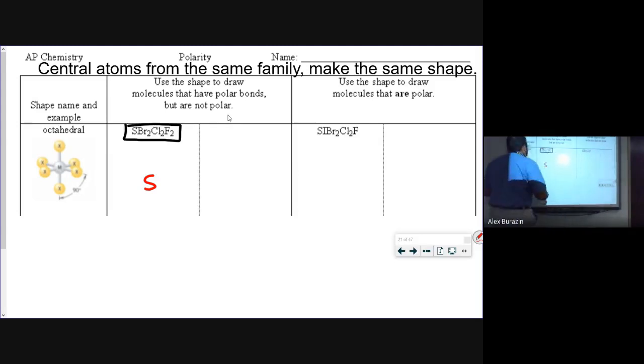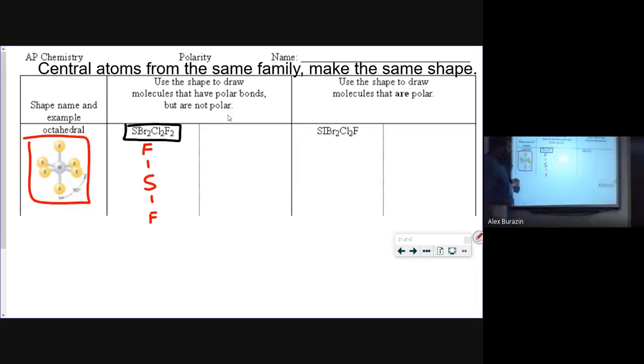Okay, so I'm going to put a fluorine up above and a fluorine down below. Again, the shape of this molecule is octahedral, right? So this is what I'm going to end up with for a 3-dimensional picture. If I put one fluorine above and one fluorine below on completely opposite ends of each other, here's what happens. This bond up top is polar.